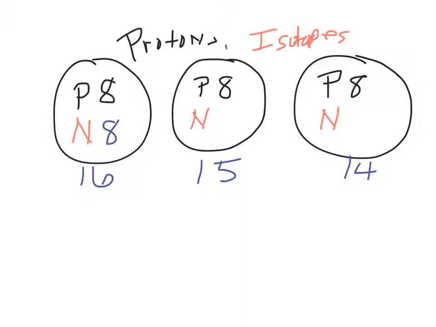So for this one, how many neutrons am I going to have? 7, very good. And for oxygen 14, I'm going to have how many? 6, very good. So you see how you have different numbers of neutrons? That's why your mass changes. That periodic table, this is an average of what has been found for every single element, okay?